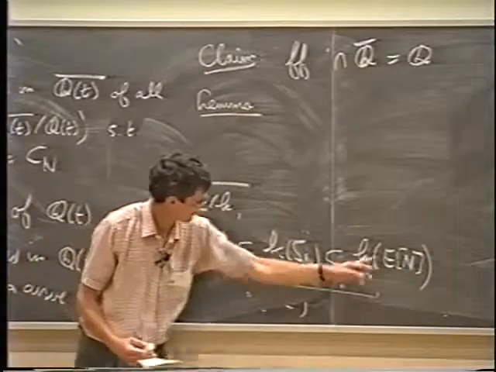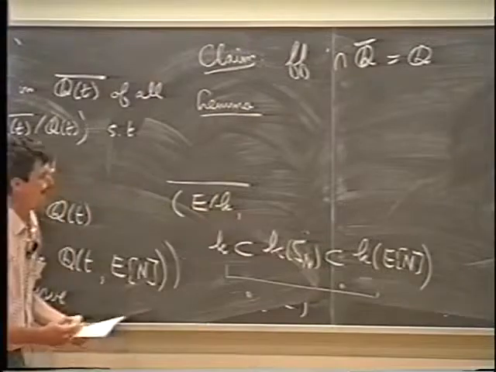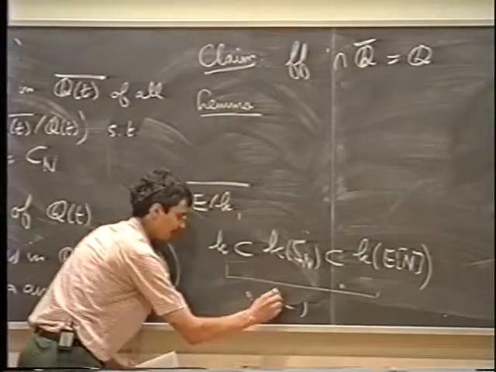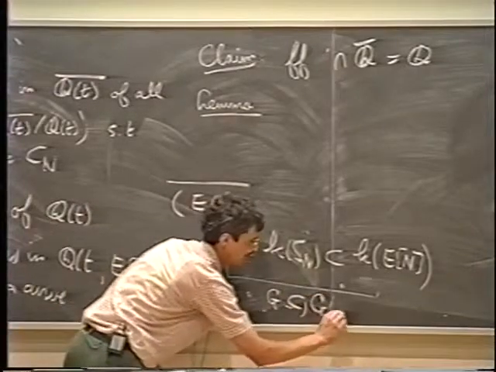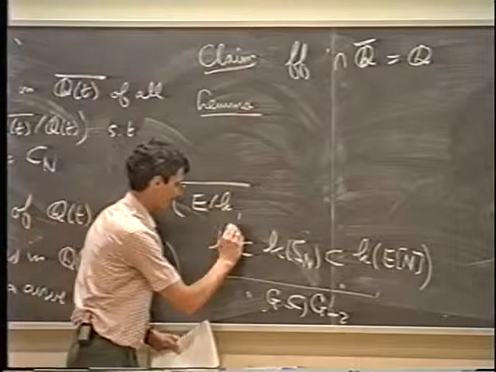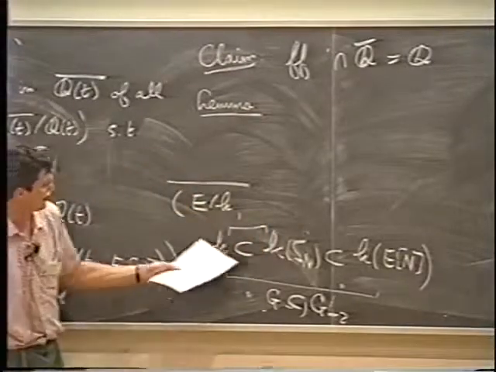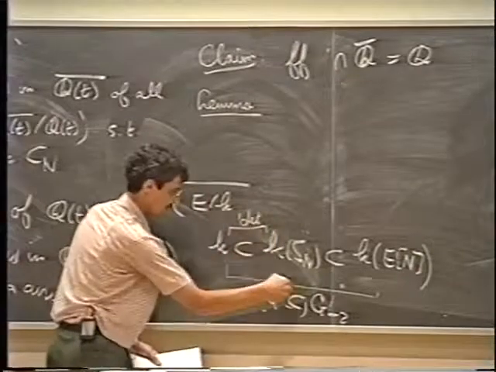Maybe I should assume that the characteristic of K has nothing to do with n. But this is Galois with the group inside GL2. And what this corresponds to is simply the Galois extension, which is the determinant of this G.